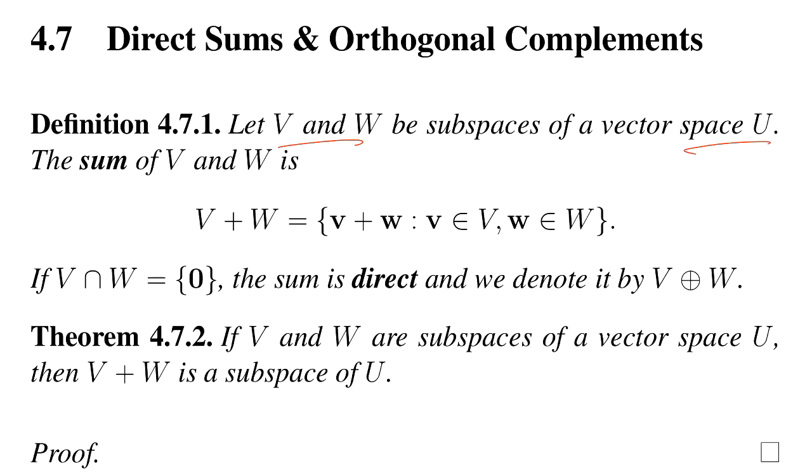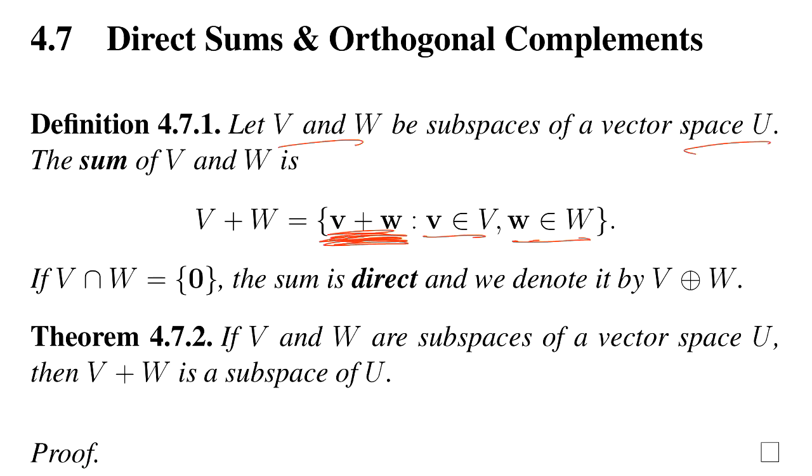So we can define what V plus W means, where V and W are both vector spaces, and it's just the obvious thing. It's the set of all sums that you get by taking something in the first space and something in the second space and adding them together. Okay? So the sum of two vector spaces is the set of all sums you can make by taking one thing from the first space and one thing from the second space.